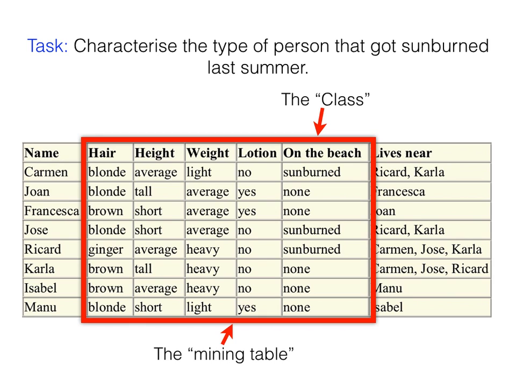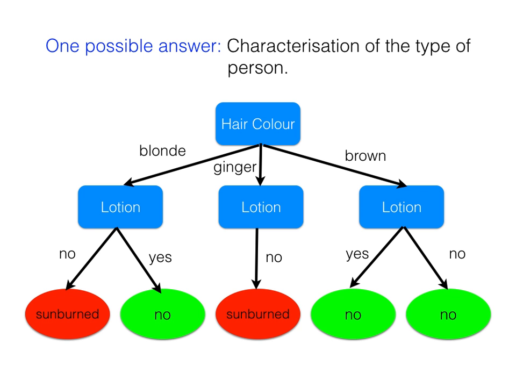One way of characterizing people that got sunburned is with a method called a decision tree, and the decision tree for this could look like this. There are lots of other ways to characterize it, but this is just one very popular example that we'll see a little bit later as well. The way you read this diagram, it's sort of backwards to normal because the leaves of the tree are at the bottom, the bits that say sunburned or no, and that's our target or the class.